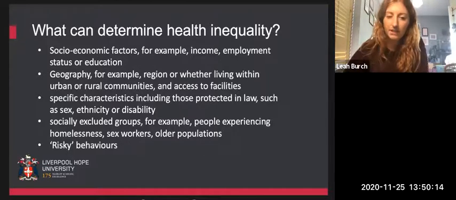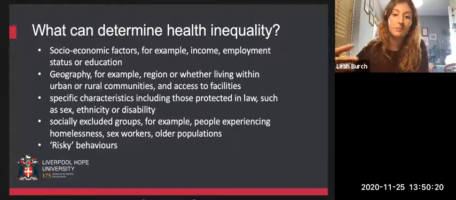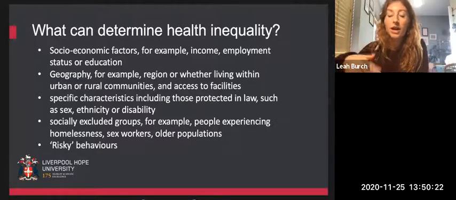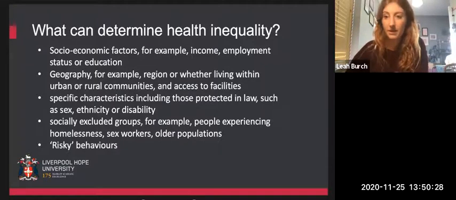Now, something that we've been thinking about much more recently is moving away from simply the identity characteristics that are protected in law, and looking at some of the other socially excluded groups within our society. So we can think about people that are experiencing rough sleeping or homelessness, sex workers, older populations.